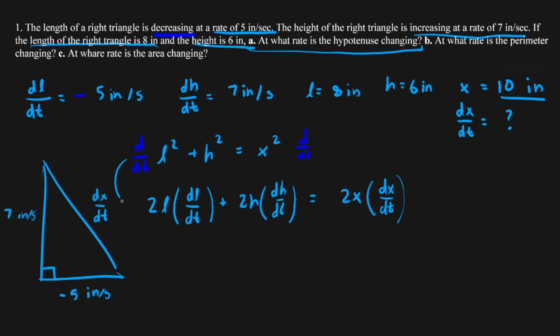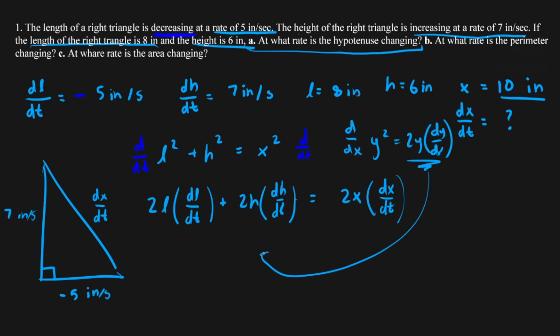If you don't know how I got from here to here, basically, if you take the derivative of x squared, it equals 2x. But if you take the derivative of something like y squared with respect to x, you're going to get 2y multiplied by dy/dx.